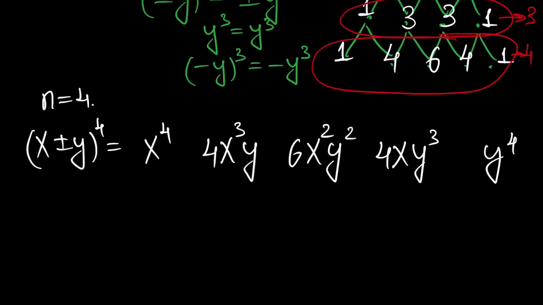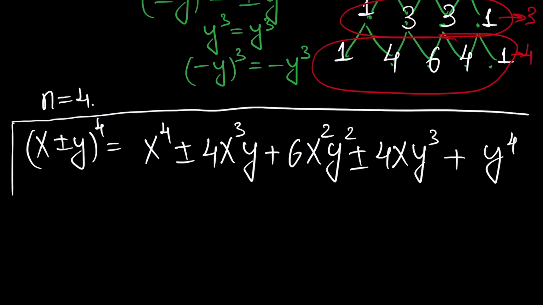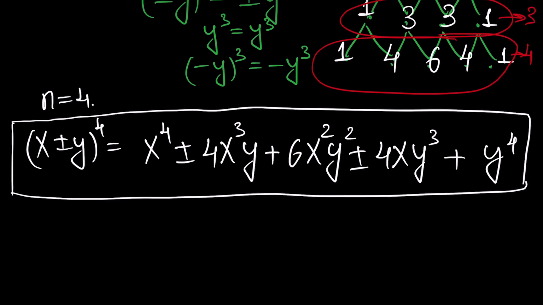Since here we have y with power 1, we write plus minus. And since here we have y with power 2, we will always have plus. Since here we have y to the power 3, we have plus minus. And since we have y to the power 4, we always have plus. So it was the shortcut multiplication formula, or binomial expansion, when n is equal to 4.